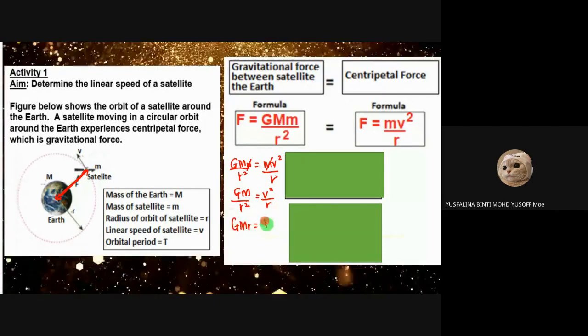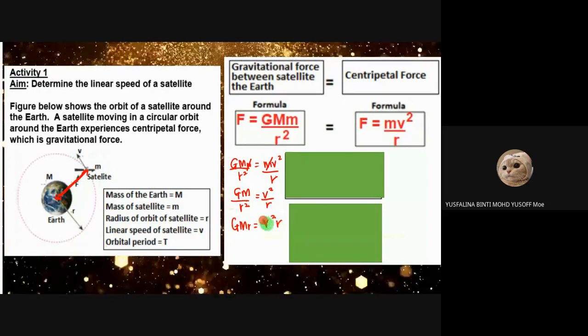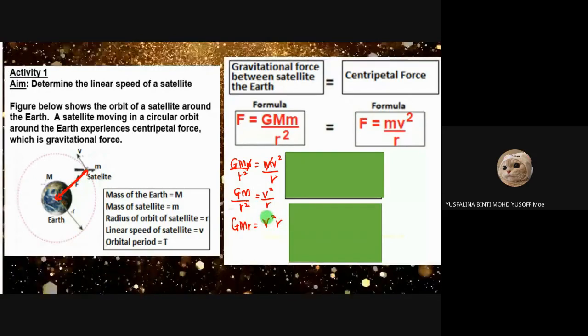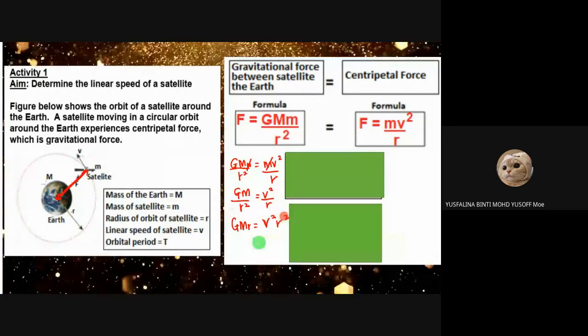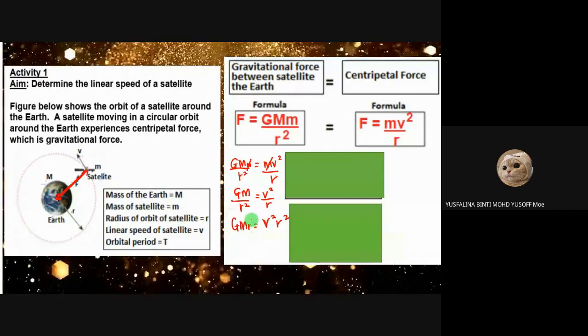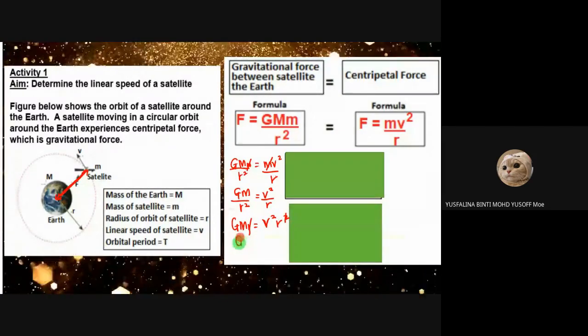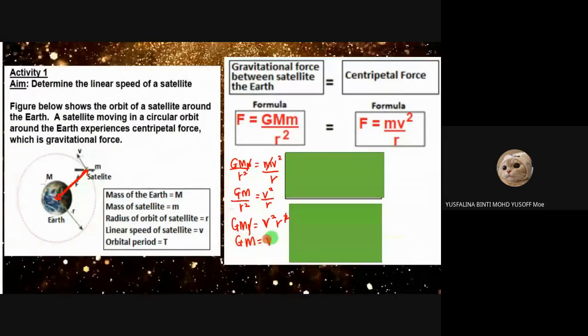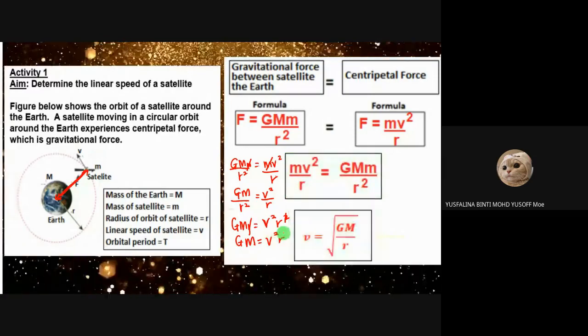So v squared times r squared, and this r we can also cancel, so it will be left with only one r. So GM equals v squared r. This is the equation.